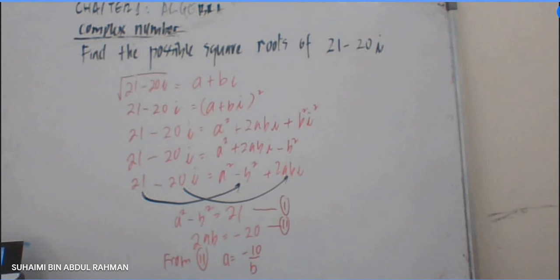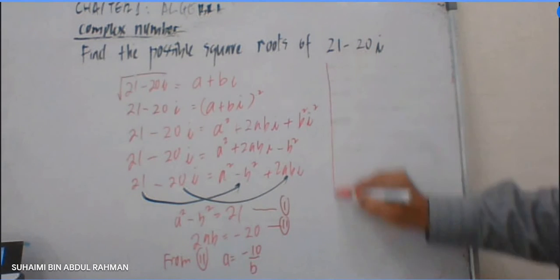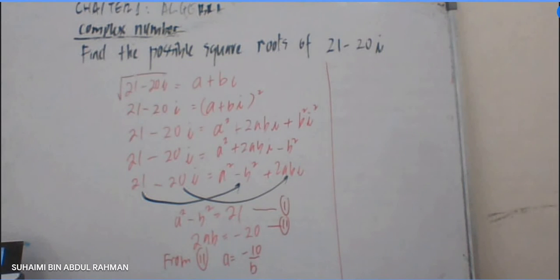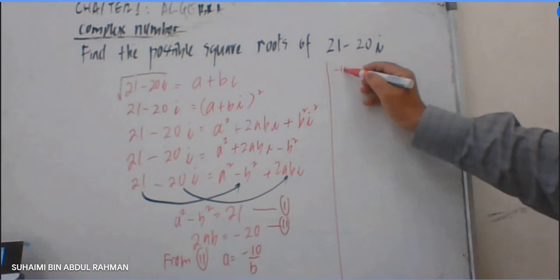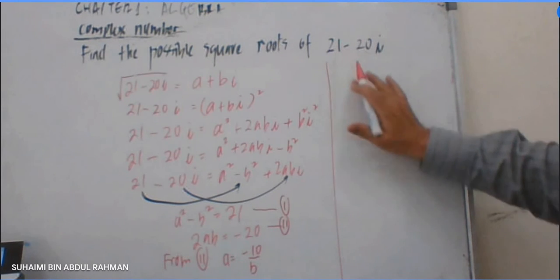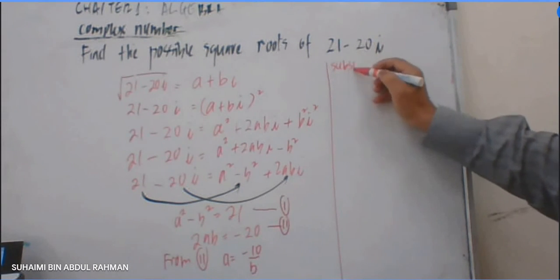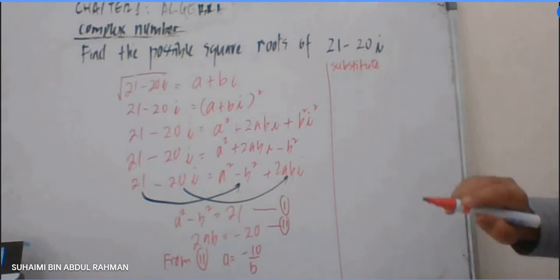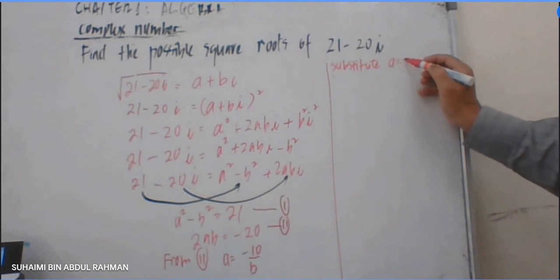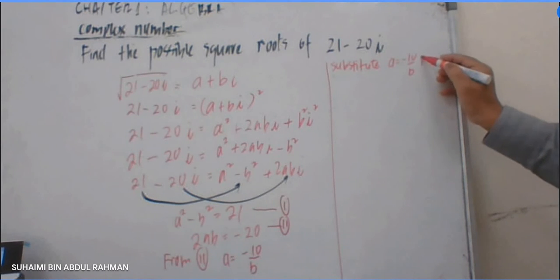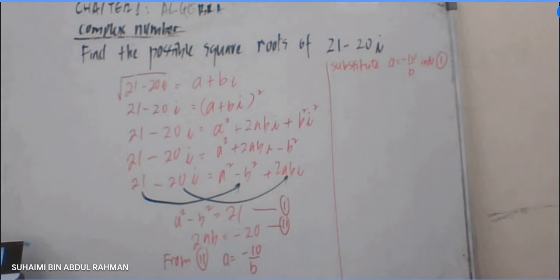So when we see that a is minus 10 over b, we substitute a equal to minus 10 over b into equation 1.